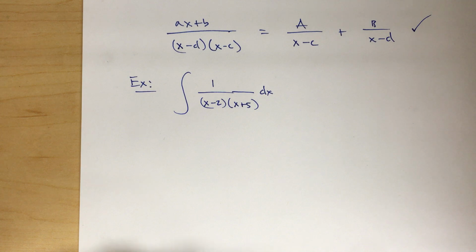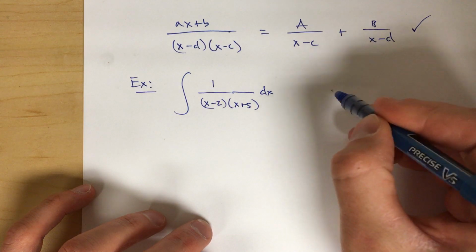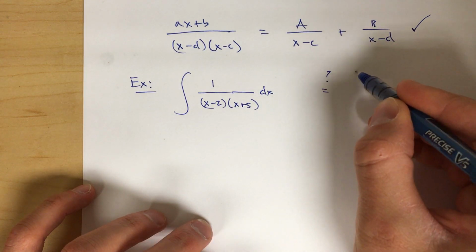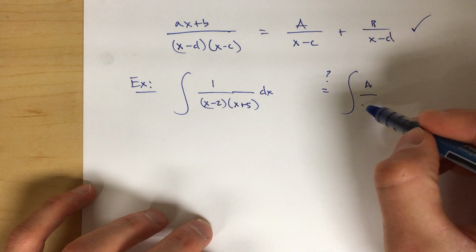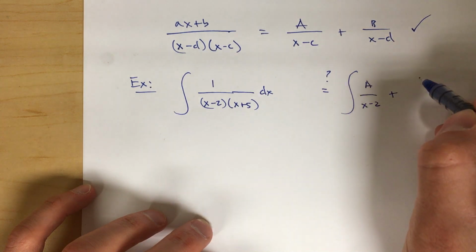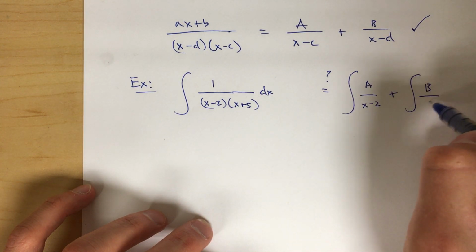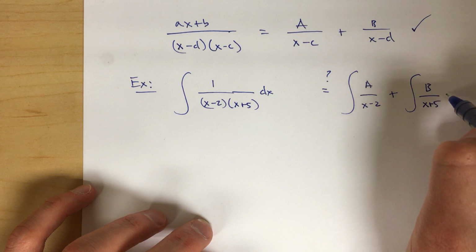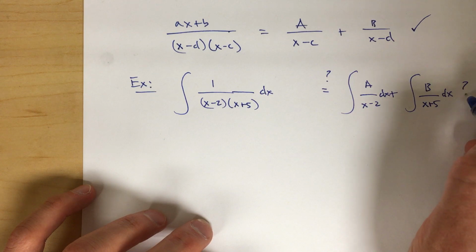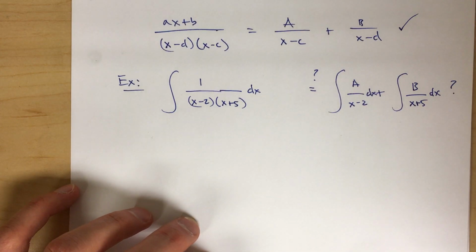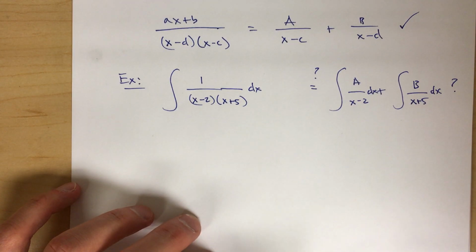But what we might be able to do is, could we write this as the antiderivative of a over x minus 2 plus the antiderivative of b over x plus 5? If we could find some constants that make this true, then we know how to anti-differentiate this and this because that's just going to be natural log.